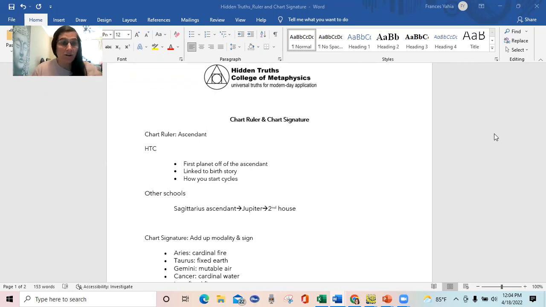It has some credence and some strength in the chart. And then I want to talk a little bit about if the person has a lot of emphasis on a particular cross, if they have a lot of fixed planets, or if they have a lot of cardinal or mutable. And I'll give you some examples as well.